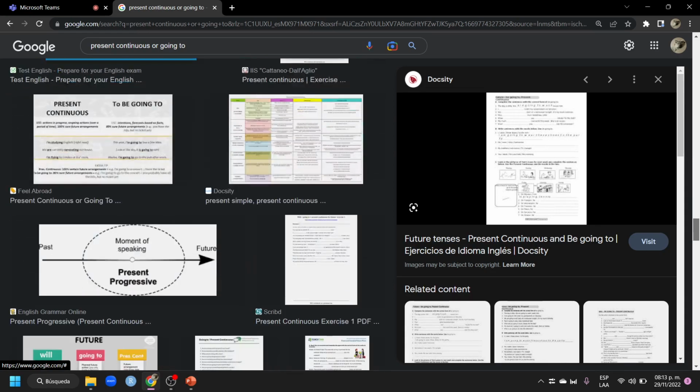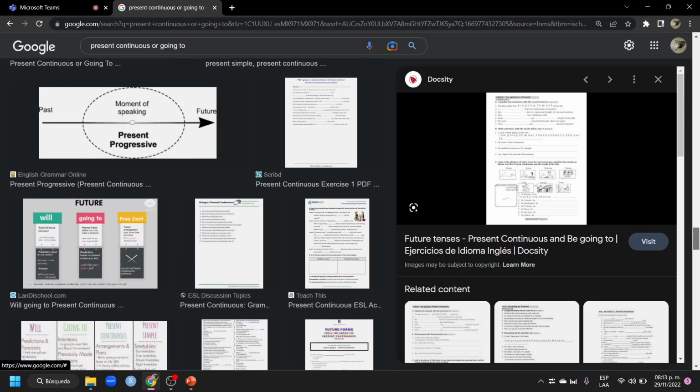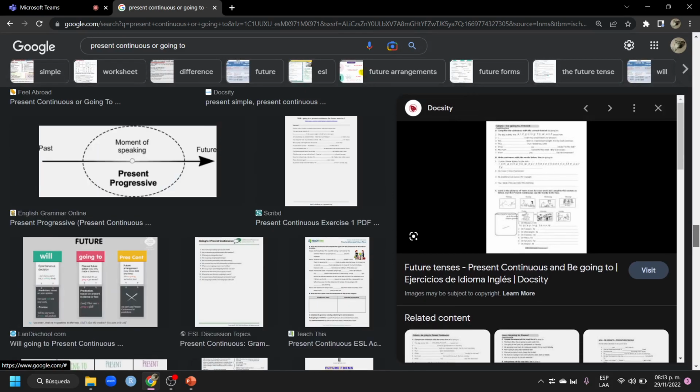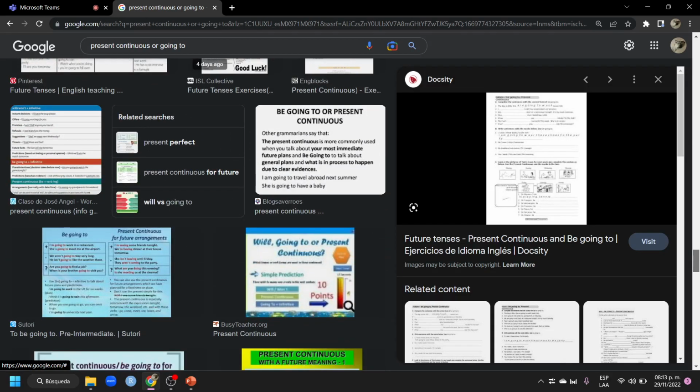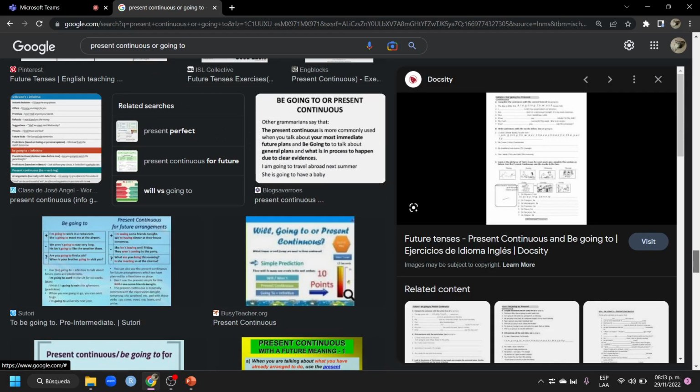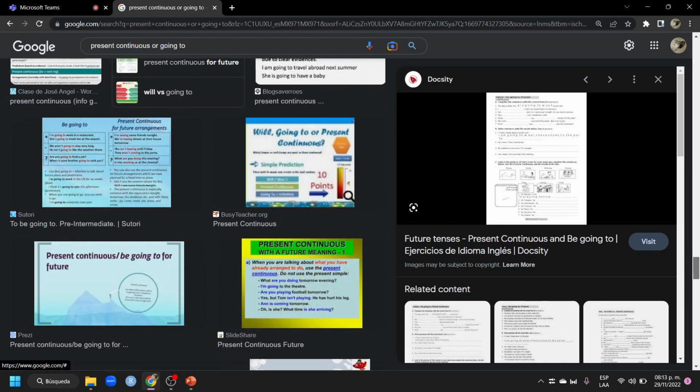Yes, intentions. Great, excellent. So now we are going to continue with the difference between be going to and present continuous.